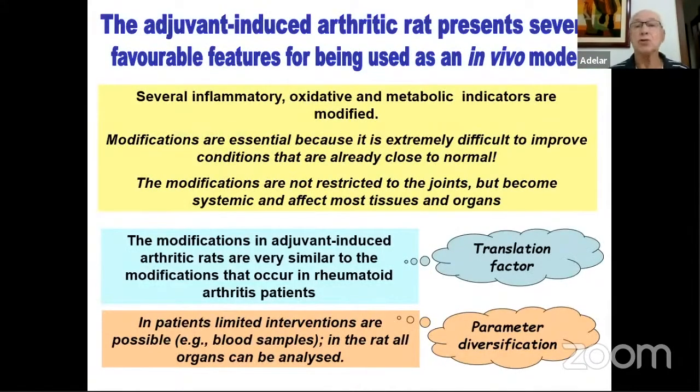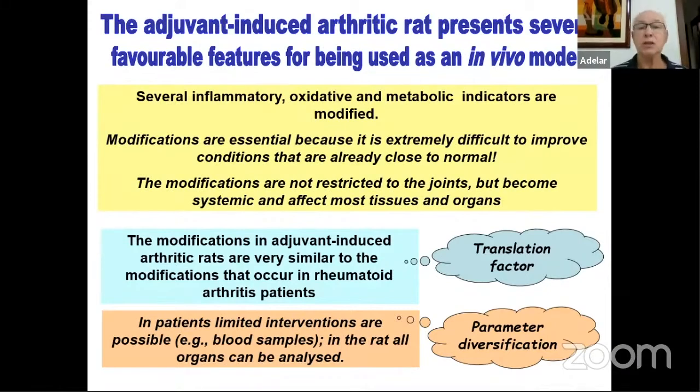The adjuvant-induced arthritic rats present several favorable features for being used as an in vivo model. First of all, several inflammatory, oxidative, and metabolic indicators are modified. Modifications are essential.